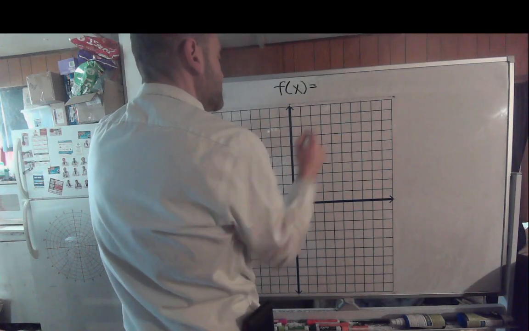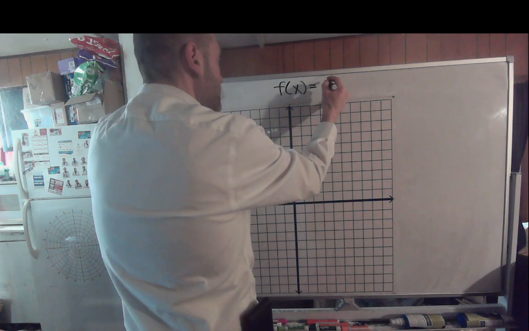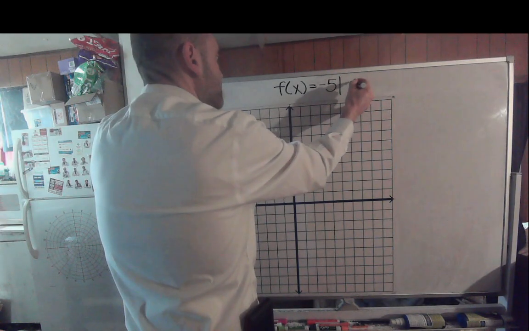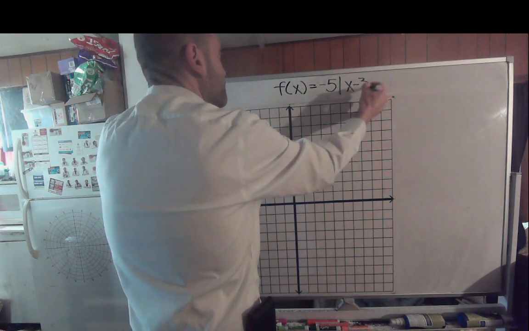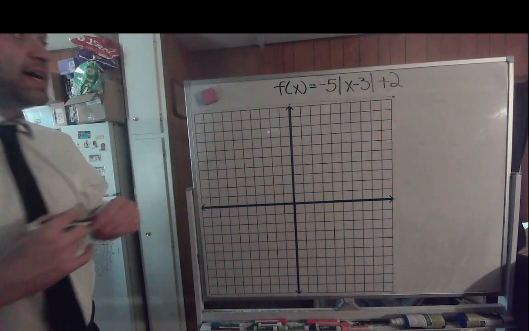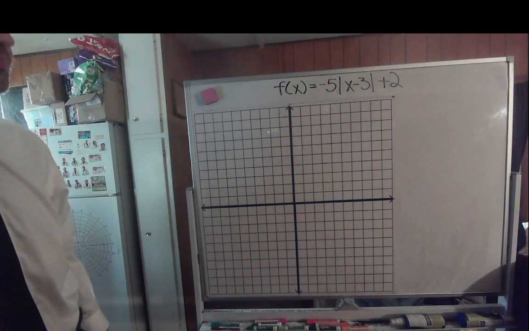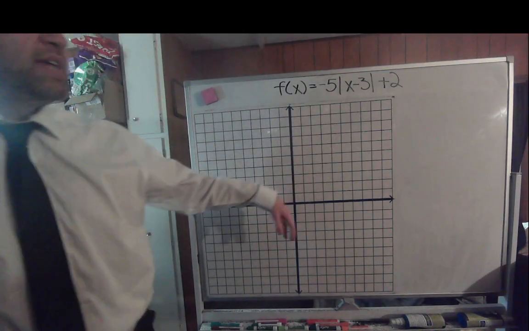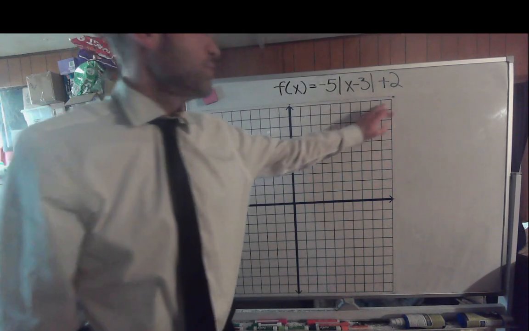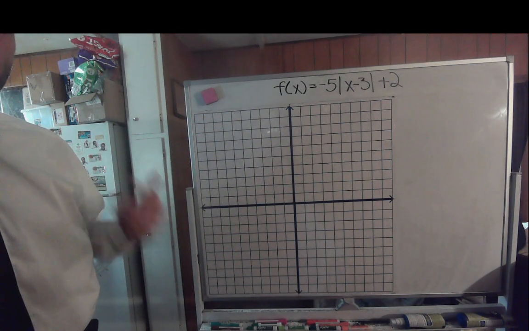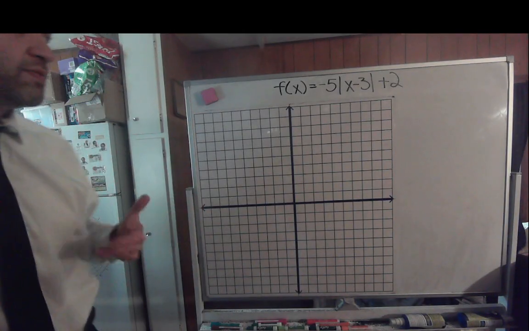So f of x equals -5 times the absolute value of x minus 3 plus 2. So what the heck is actually going on here? How are we changing the original graph of f of x equals the absolute value of x?